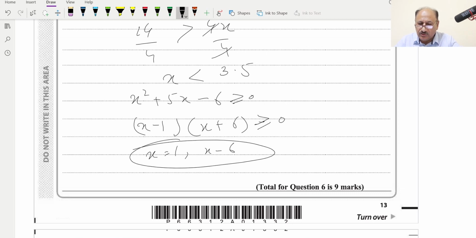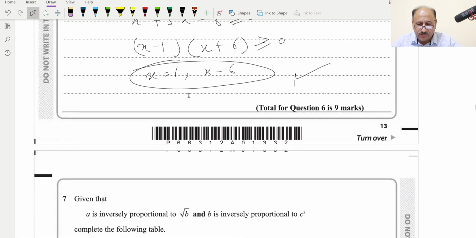These are the solutions, because x equal to 1 and x equal to -6 satisfy this as well, which is x less than 3.5. So this will be our final answer for this question.